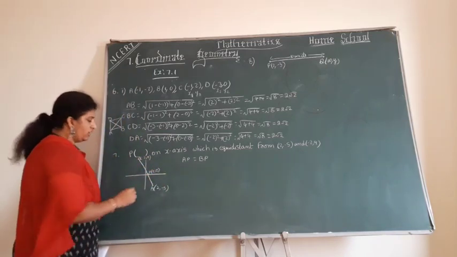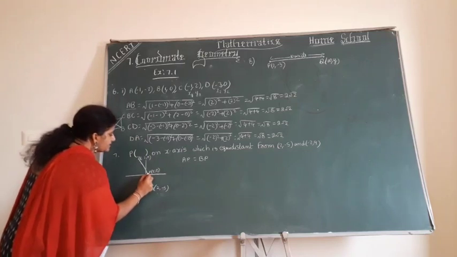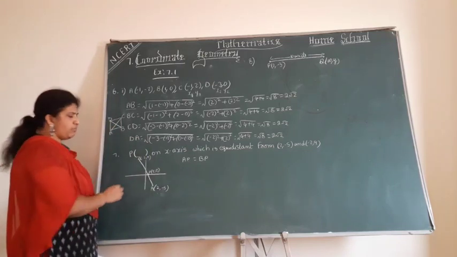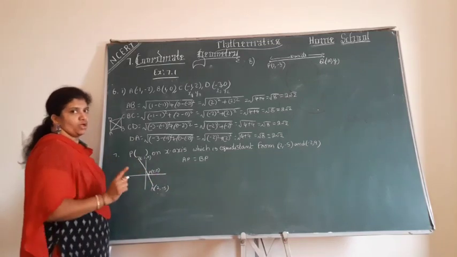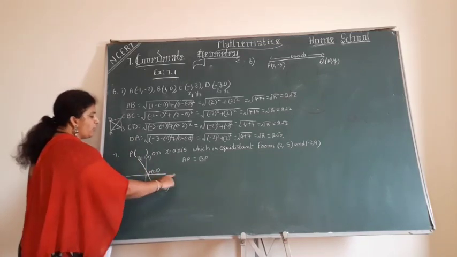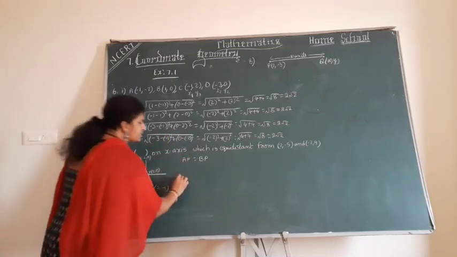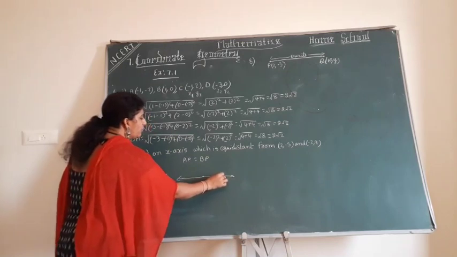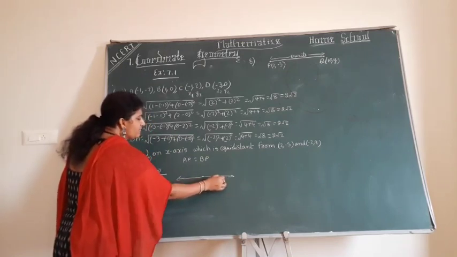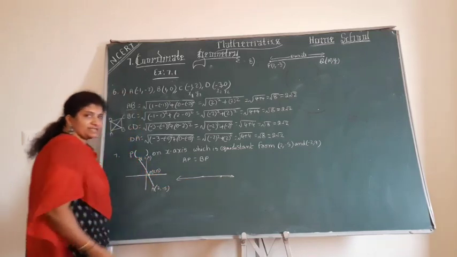So look here, a point on the x-axis. What will be the coordinate? You should know this compulsorily. If any point is on the x-axis, suppose this is your plane of x-axis, and you plot a point here, what do you see? There is a value on the x-axis.